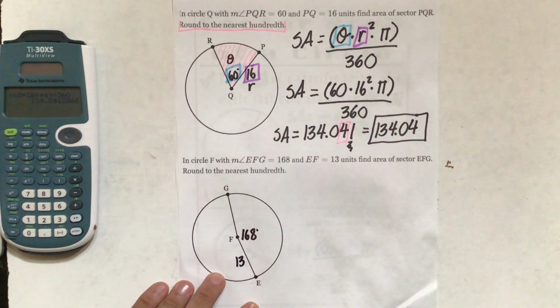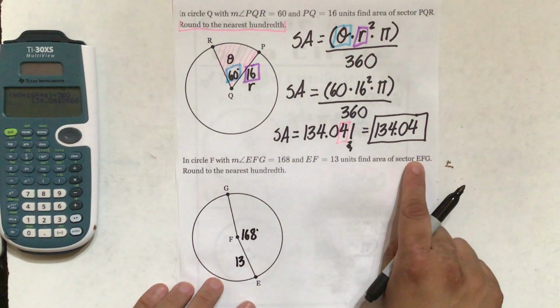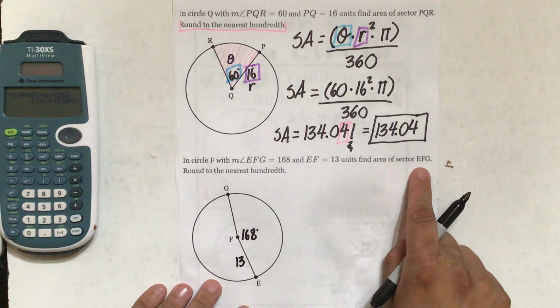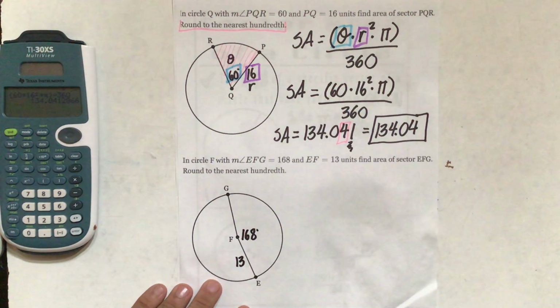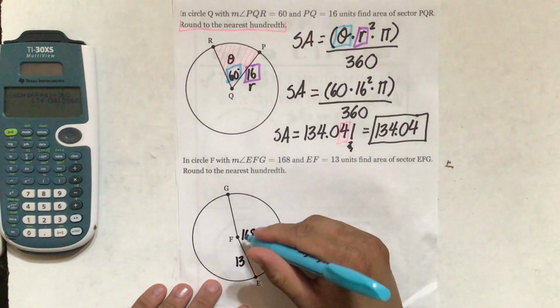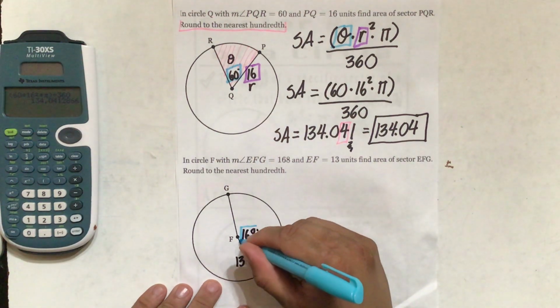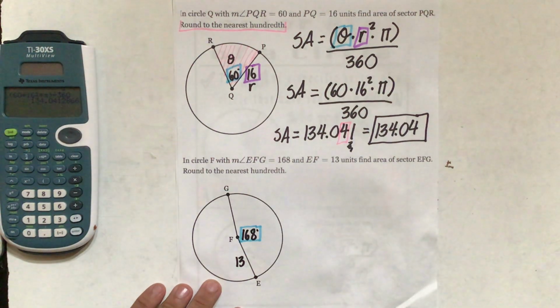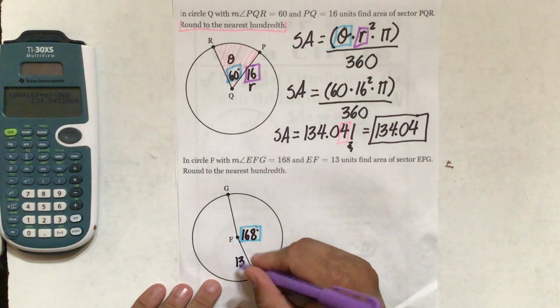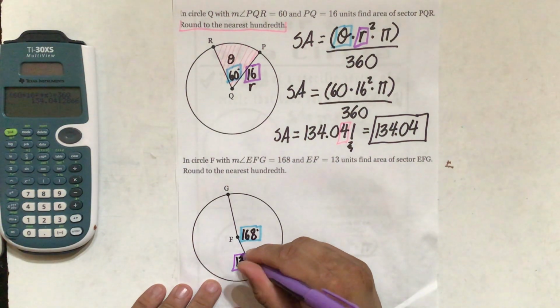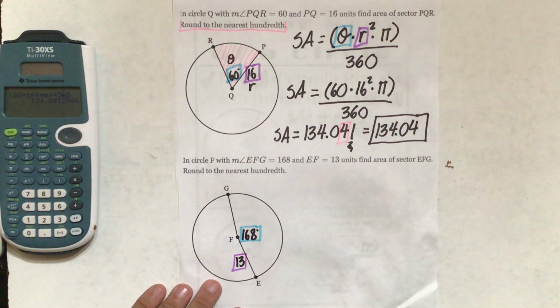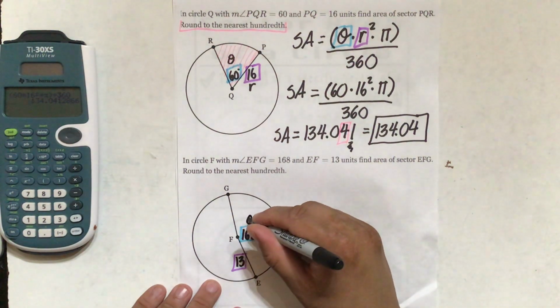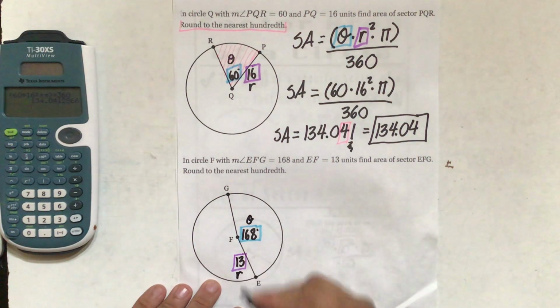So this is 13. Find the area of the sector EFG. So let me start with this is my theta, which is in blue. This is my radius, which is in purple. And this is my theta, and this is my R.